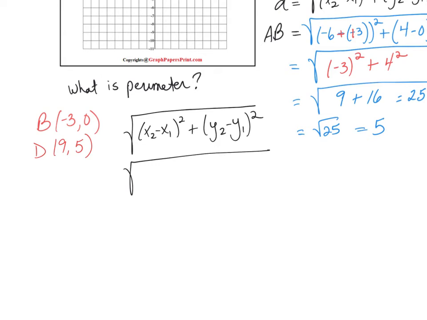Notice how I stack my coordinates. I do that so it's easier for me to remember and not mix up my x and y values. So here I'm going to have -3 minus 9 squared and then 0 minus 5 squared.